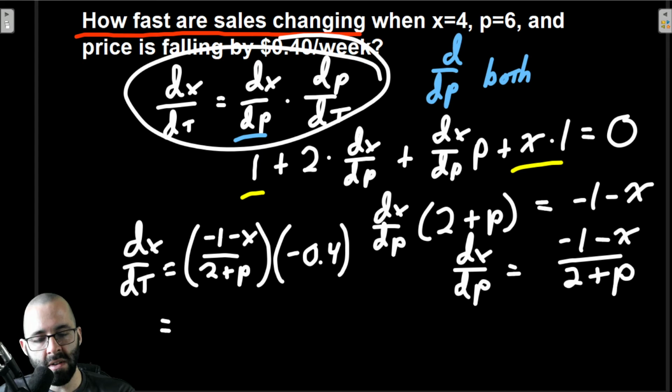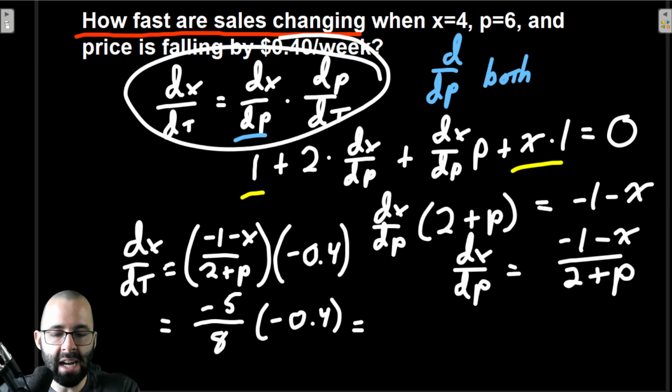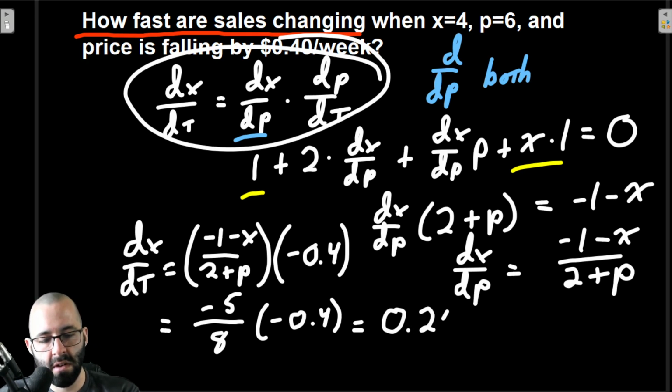When x is equal to 4, we get -1 - 4, -5. P is 6, 2 + 6 is 8. Still multiplying by -0.4. And we'll get that dx/dt is this product, which is -5/8 times -0.4 is 0.25. What are the units? Well, it's always the units of the numerator divided by the units of the denominator.